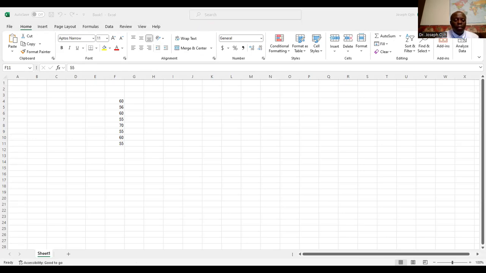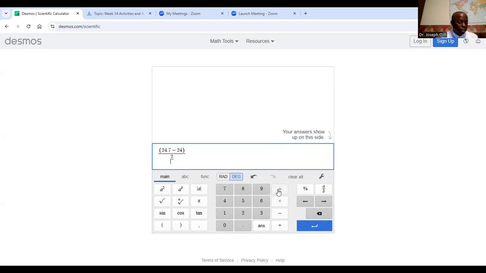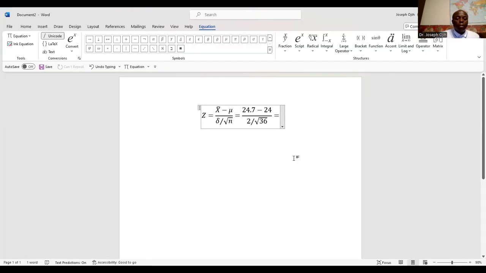On the calculator, we have 24.7 minus 24, divided by the standard deviation of 2 over the square root of 36, which is 2.10.